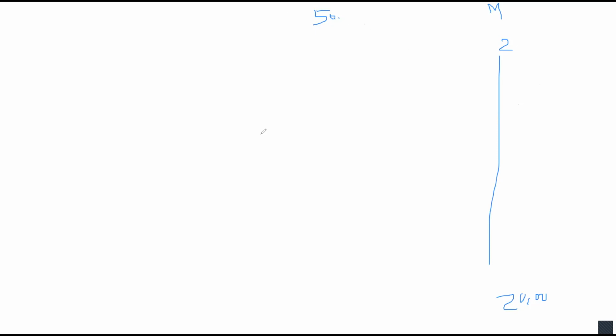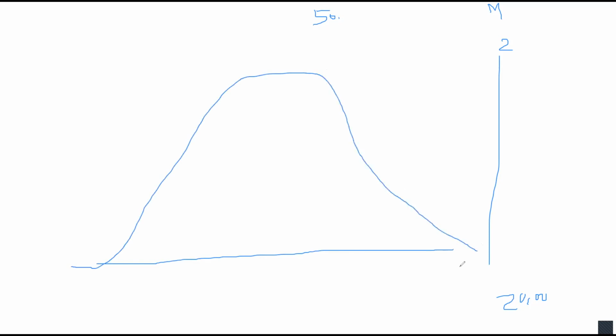Now, what I was trying to say: if you plot the data, do you know this is called a Gaussian curve, bell curve, or normal distribution? And this is called the mean, or you can say the average.